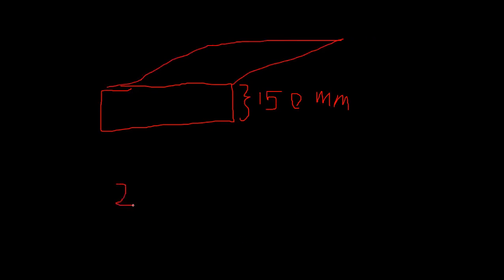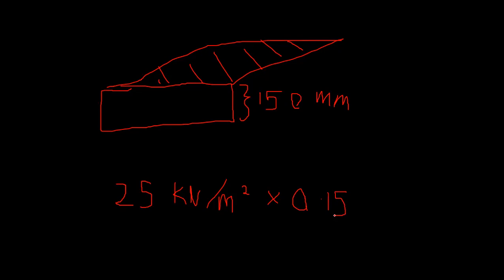The density is 25 kilonewtons per meter cube, so I need to multiply it by the thickness, 0.15 meters. When you multiply 25 into 0.15, it is going to be 3.75. So your dead load of the slab is 3.75.